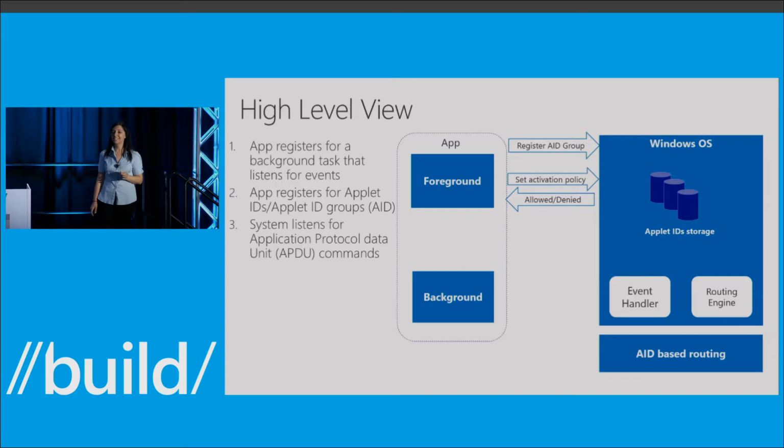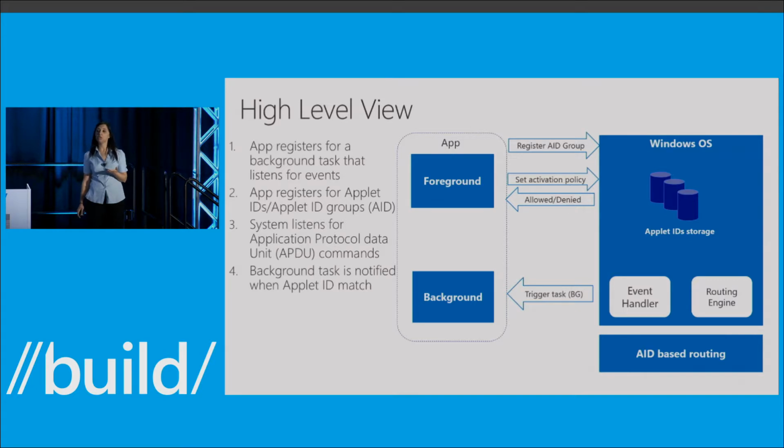At this point, the system will start listening for application protocol data units, APDUs. This is a standard way of the cards talking to the external NFC terminal. This is how it's also working with the plastic card. So your app will be talking to the external terminal using APDUs.